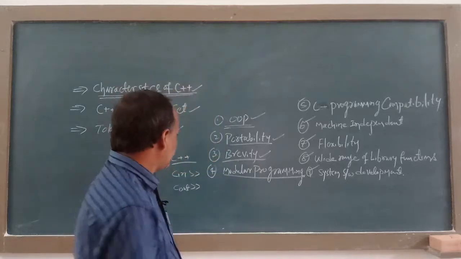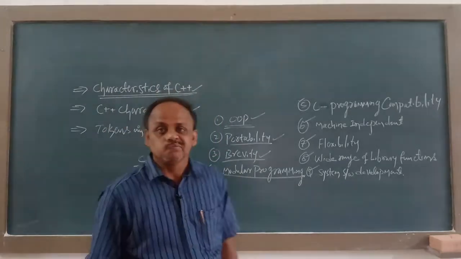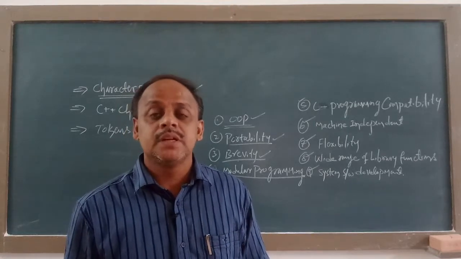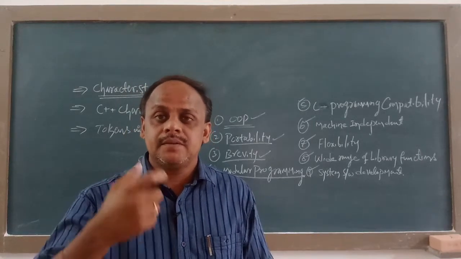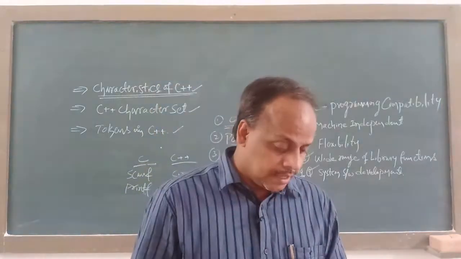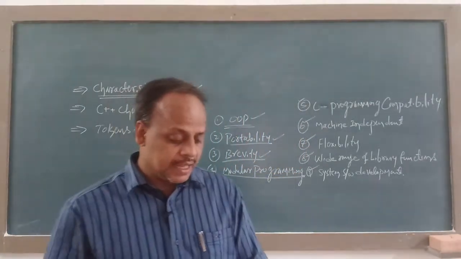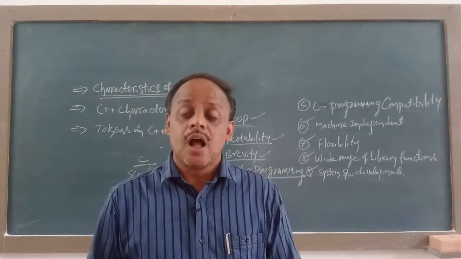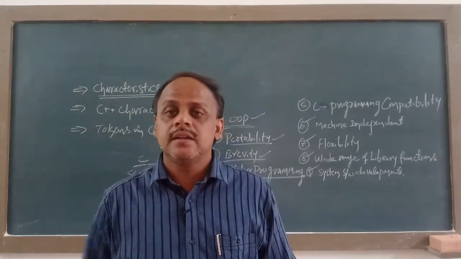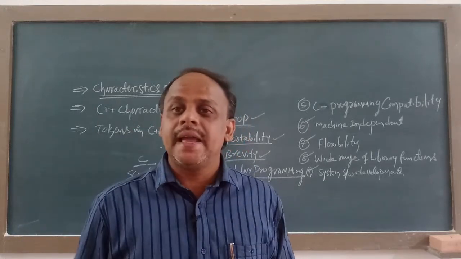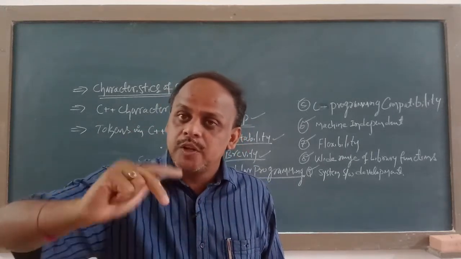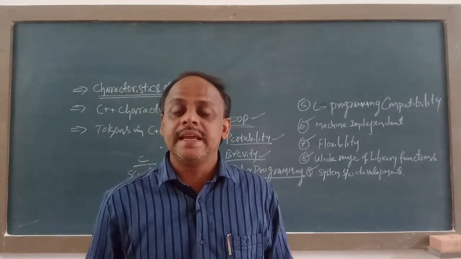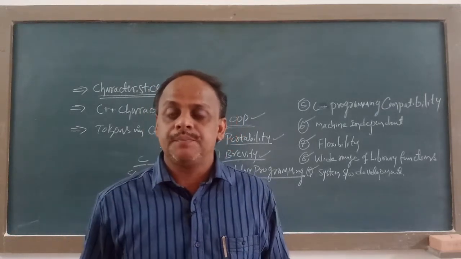Modular programming means whenever we write a C++ program, that application is made up of different files, different source codes. All the source codes are going to be compiled, meaning converted into machine language, and afterwards they are linked to make a single program.